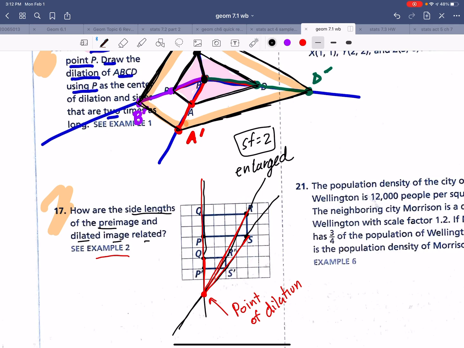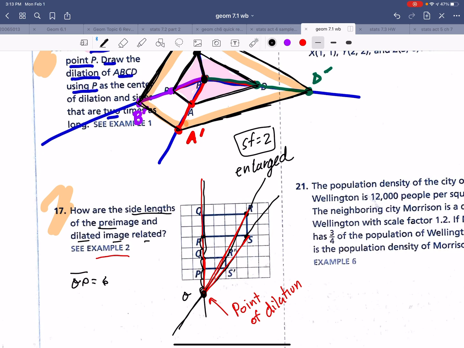Okay, so we can see here that from my point of dilation, I'm going to call this O for my origin. OP looks like it's about 6, right?